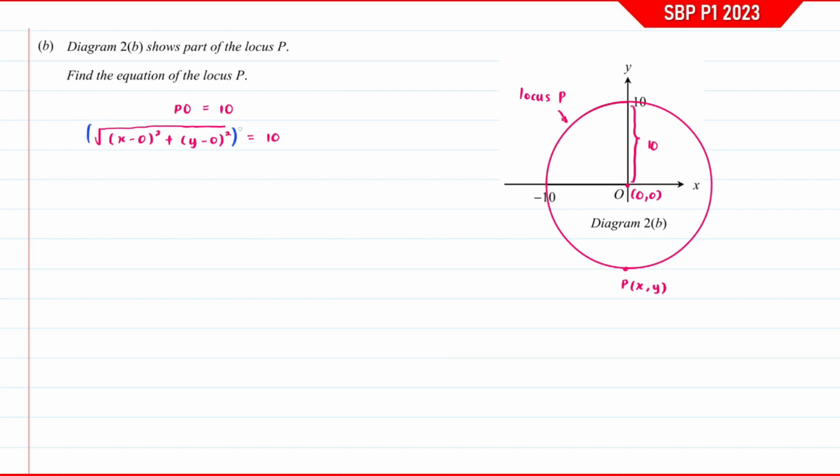Next, we're going to square both sides to remove the square root. So on the left hand side, we're going to get x squared plus y squared. This is equal to 100. Then the equation of the locus P will be x squared plus y squared minus 100 equal to 0.